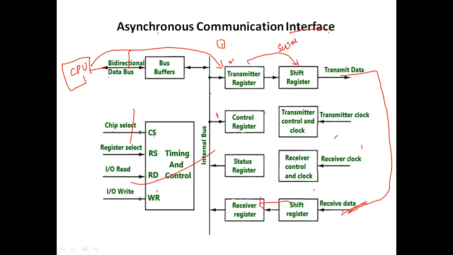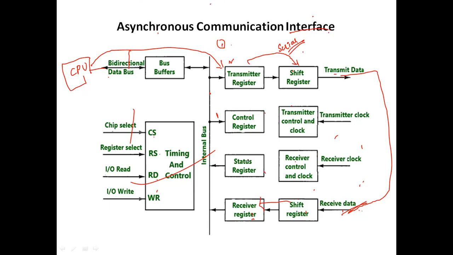Once the transmitter register sends the data to the shift register, why do we send data to the shift register? In order to transfer it serially. When this data is transmitted, it is collected by the receiver shift register and then transferred to the receiver register when a complete data byte has been transferred.